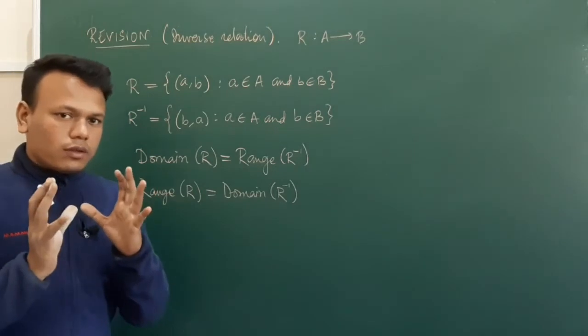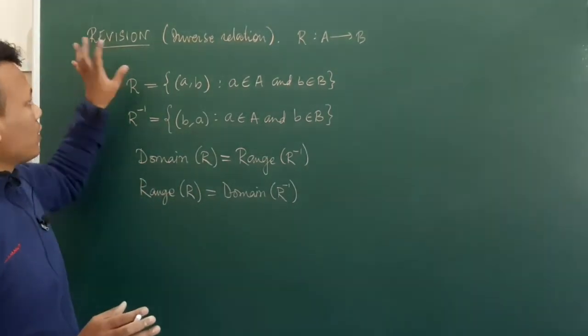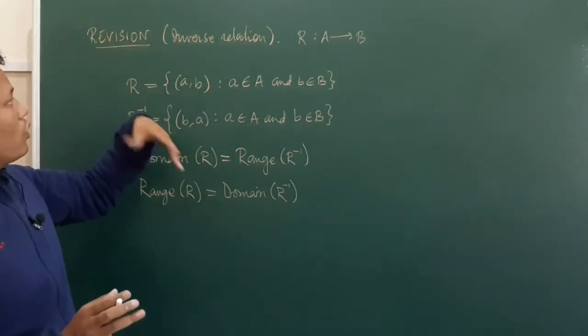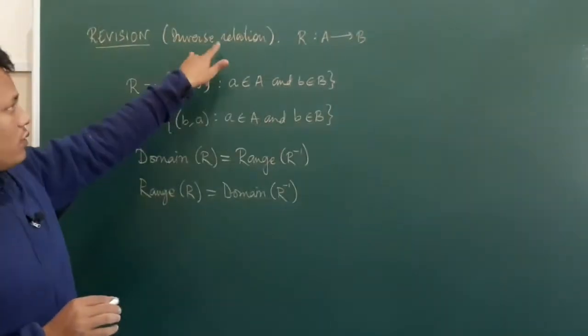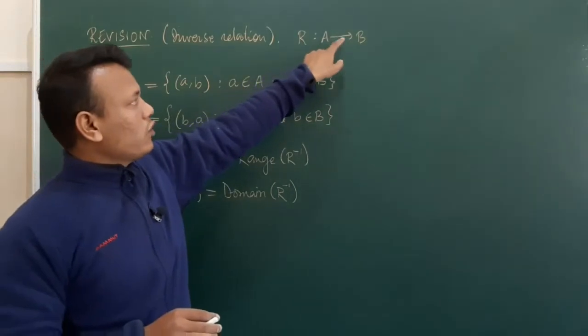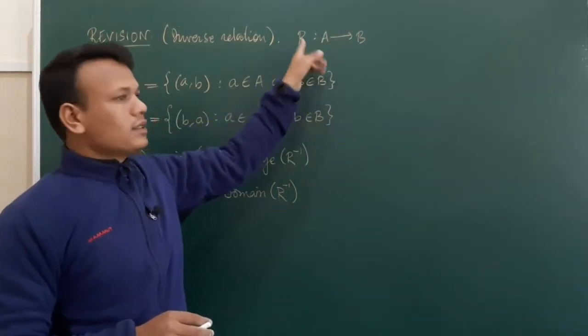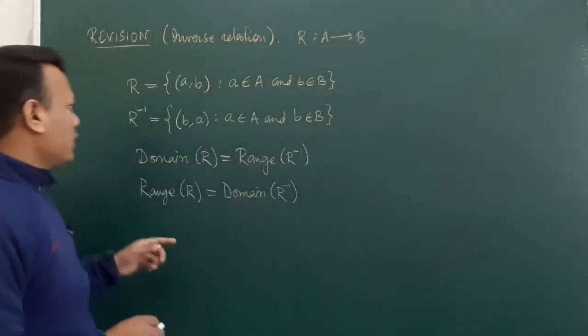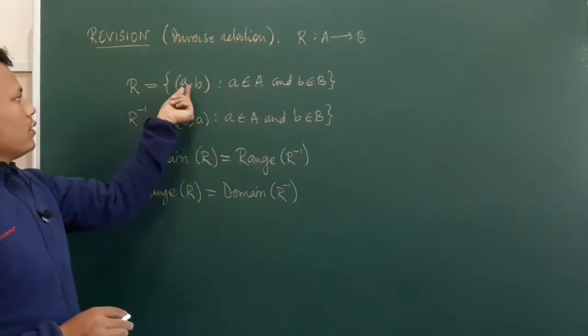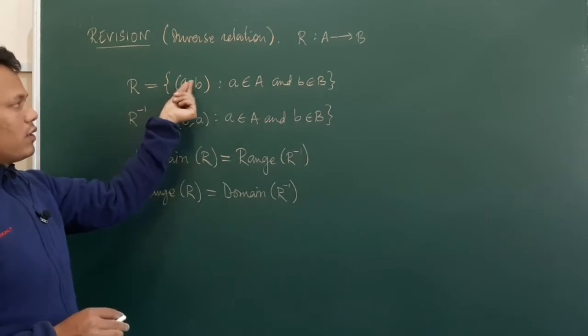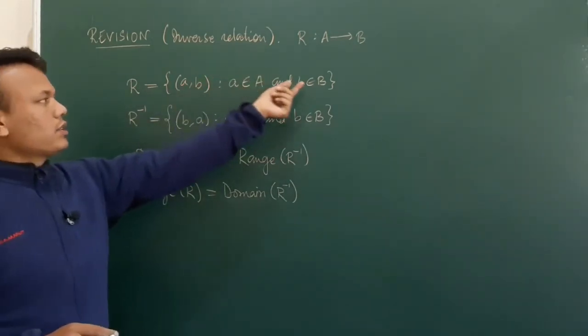Before I derive the formula, let's see what we have already done. I'm going to talk about the inverse relation. If the relation R is from A to B, or if R is a subset of A cross B, then the relation is defined in this way, where the first element comes from the first set and the second comes from the second set.